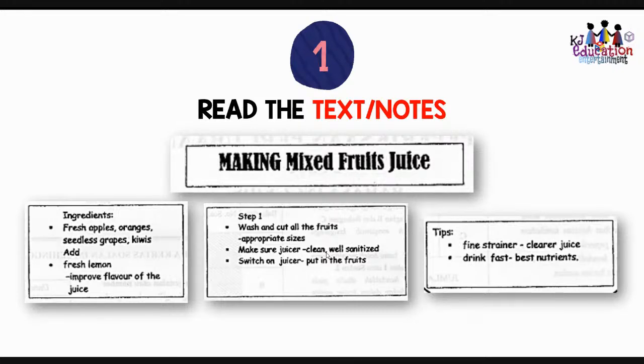And the last one over here are the tips. Fine strainer, clearer juice, drink fast, best nutrients. So these are the information that has been given to us, and we have just read it.